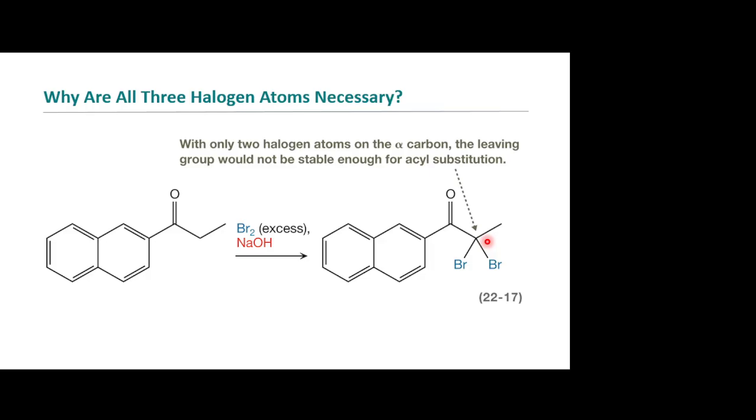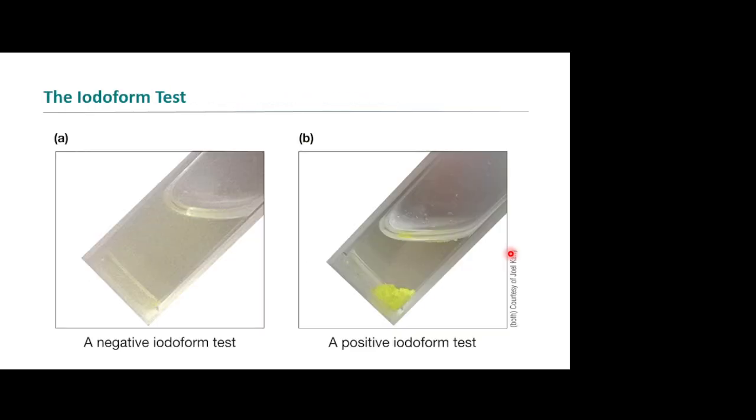It's only where we have the haloform, with all 3 halogens on there, that it becomes stable enough that we can actually get that leaving. And that's because each of the halogens is going to pull some of that electron density away from that carbon, right? So it's only when we have all 3 that we can do it. This is actually the negative iodoform test versus a positive iodoform test.